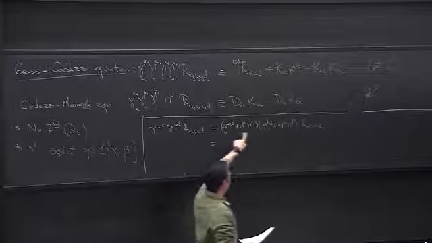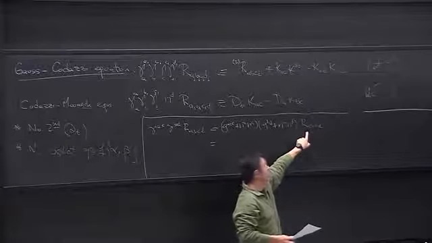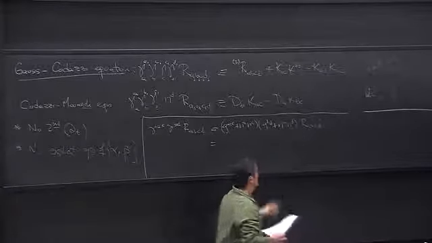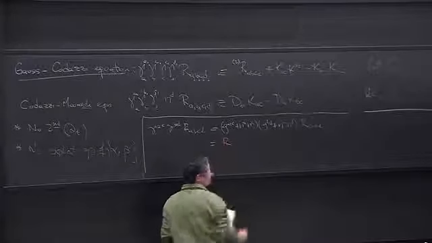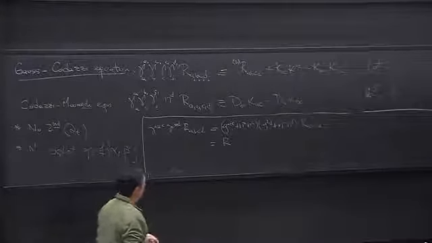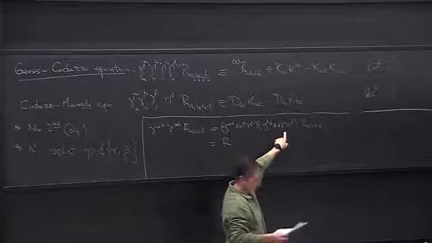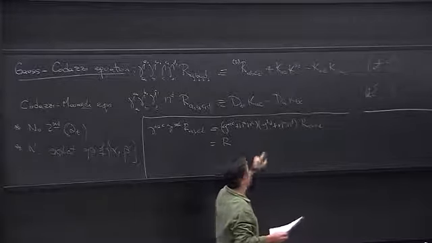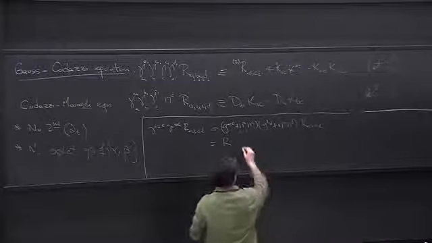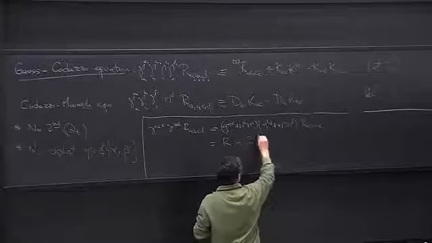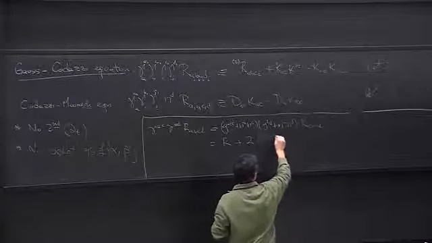If we have g and g acting on R_ABCD, that's just the Ricci scalar. If we have one g and one n, we have the Ricci tensor contracted by the n's.